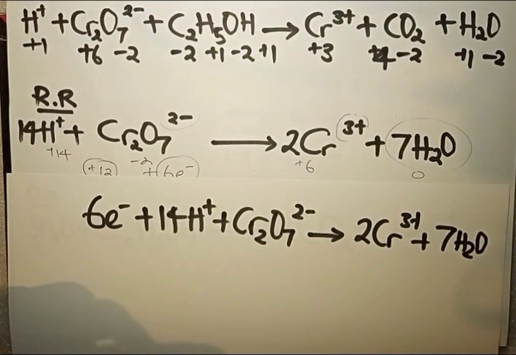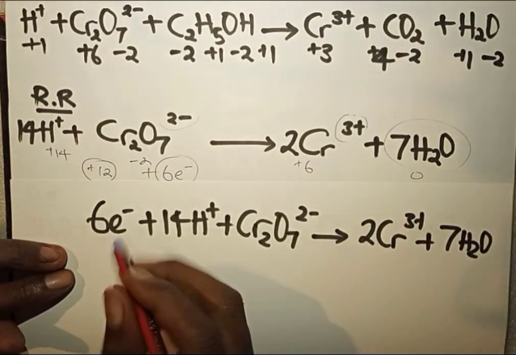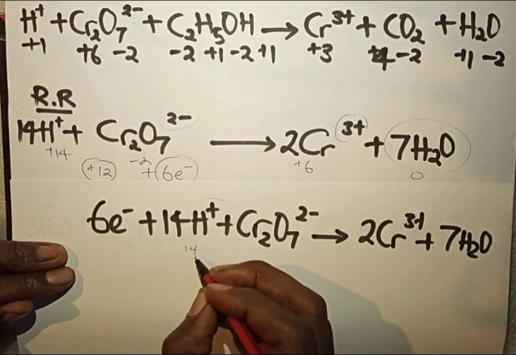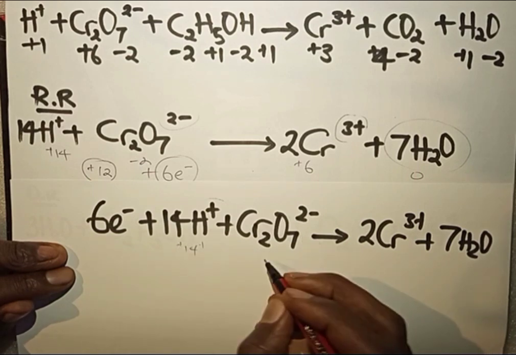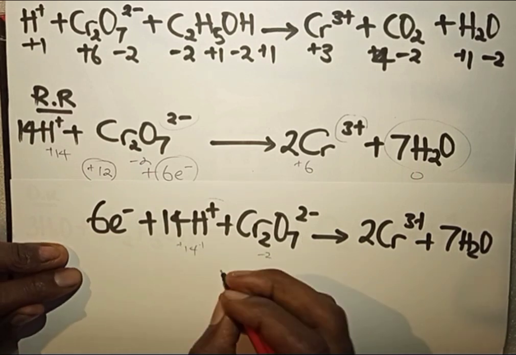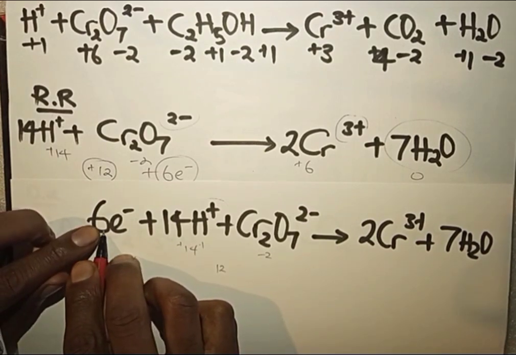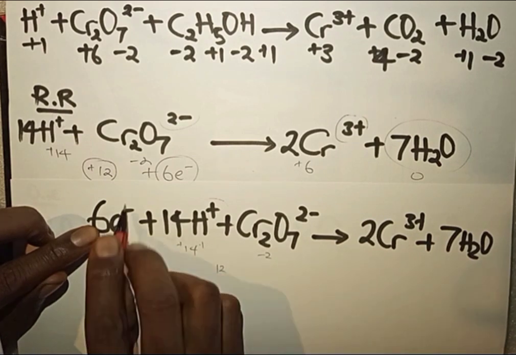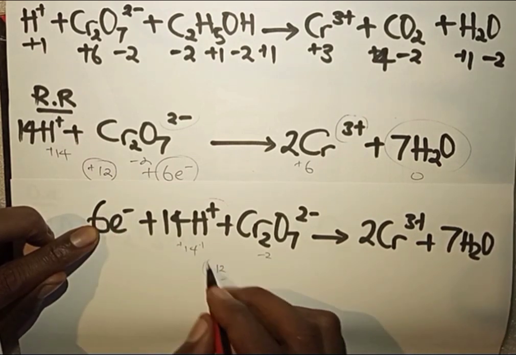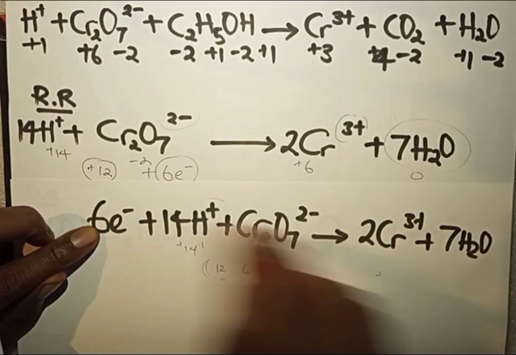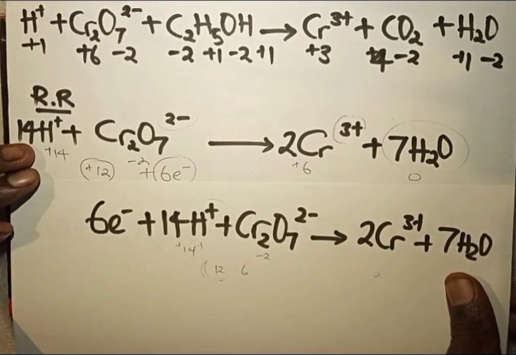Good. Are the charges balanced? They are balanced because now we have 14 plus negative 2, which is 12. 12 plus the negative electrons, meaning we are subtracting 6 electrons, will remain with 6. This side we have 2 times 3, which is 6. It is balanced. We'll go to the next one.